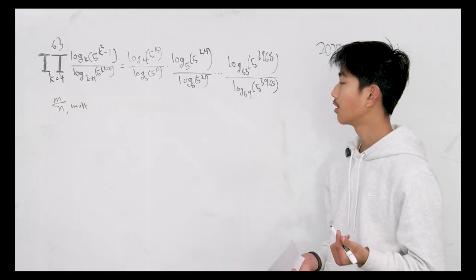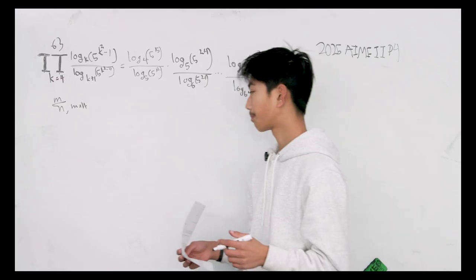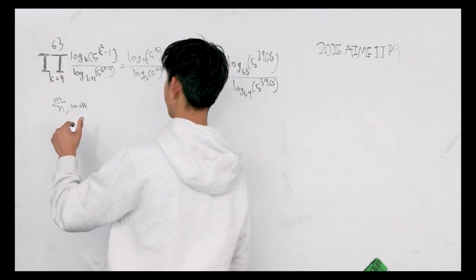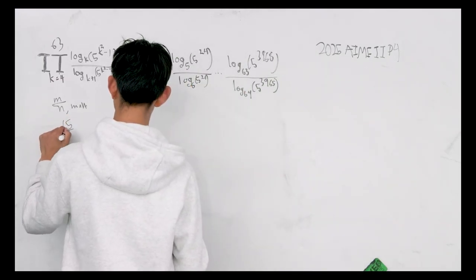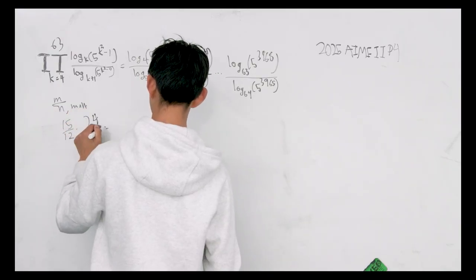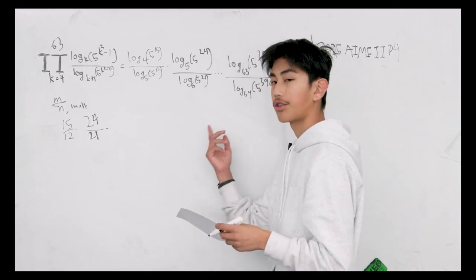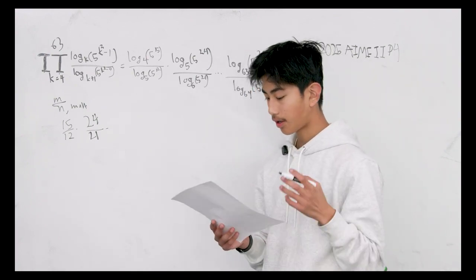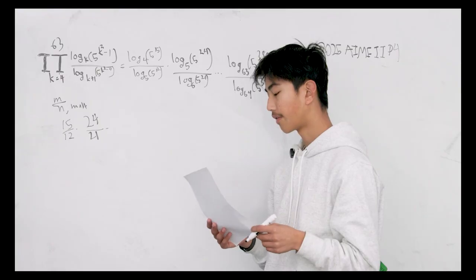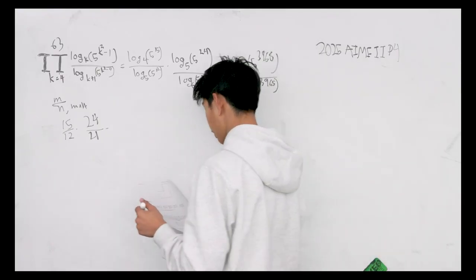The first thing we can do is rewrite this entire thing as 15 over 12 times 24 over 21 times, they give us the third term, but I just didn't have space to write it up here. It is log base 6 of 5 to the power of 35 over log base 7 of 5 to the power of 32.